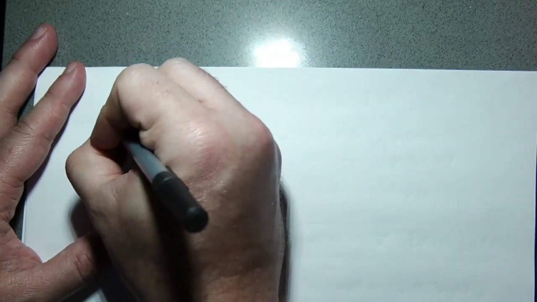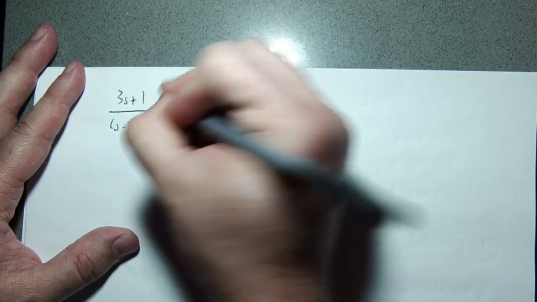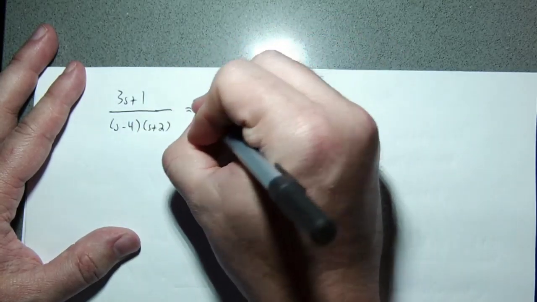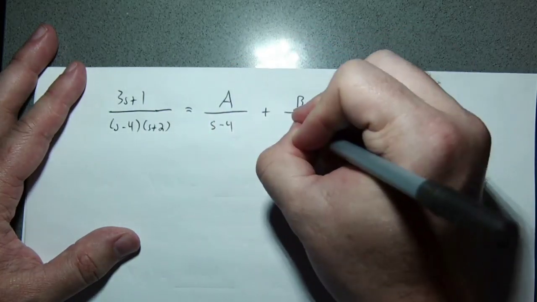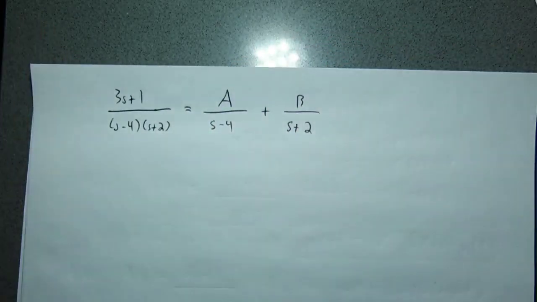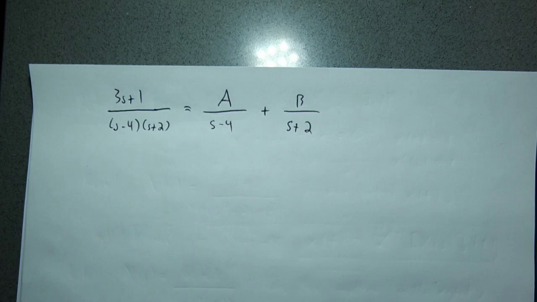So by partial fractions, for 3s plus 1 over s minus 4 times s plus 2, we seek an a and a b that satisfy this. So then what do you want to do? You want to clear denominators here.